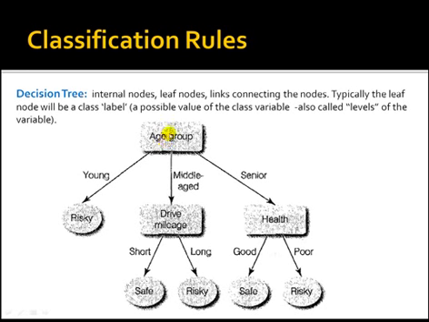So that means that the age variable apparently can take on one of three values: young, middle-aged, and senior. So it's not a numeric variable, it's a categorical variable. There's just three categories. Risky, I don't know what that is. I mean, I don't know what values it can take because there's no branches coming from here, or no links coming from here.